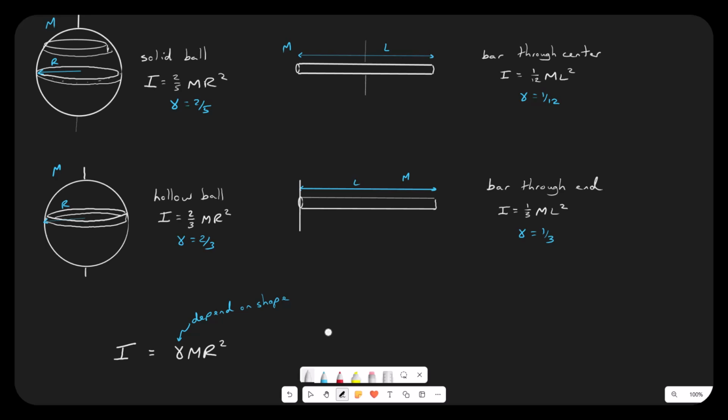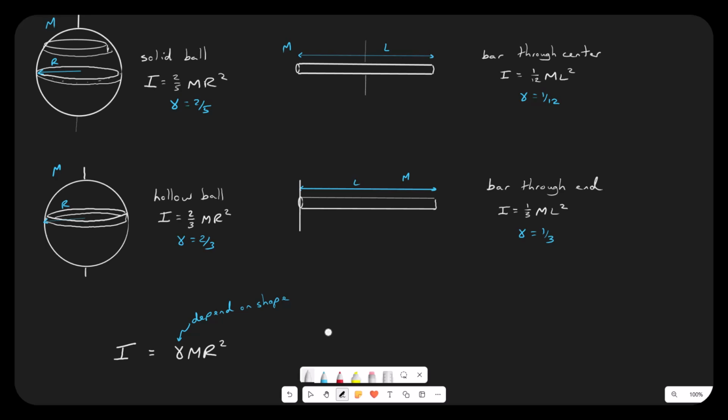So you can think of that gamma as kind of an average position of where the mass is relative to the axis, as a percentage of the total radius or the total length.